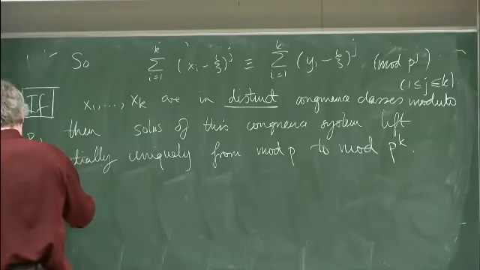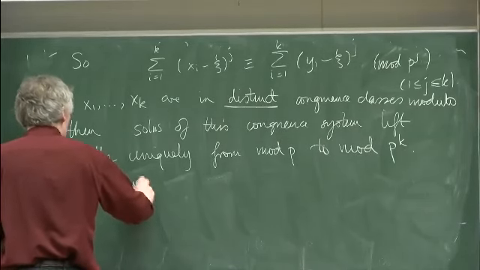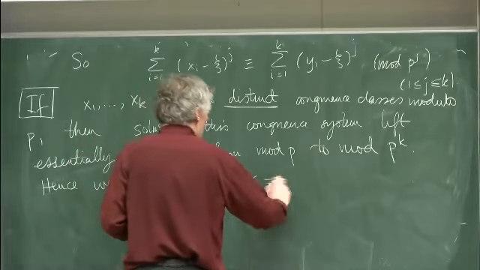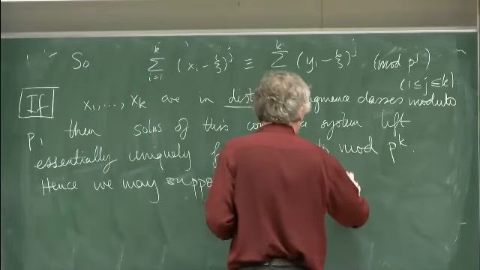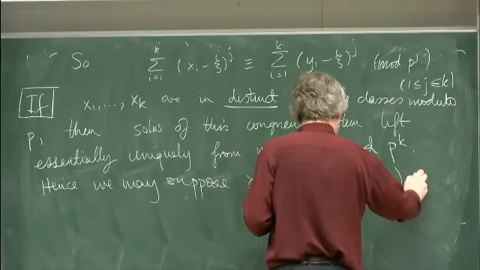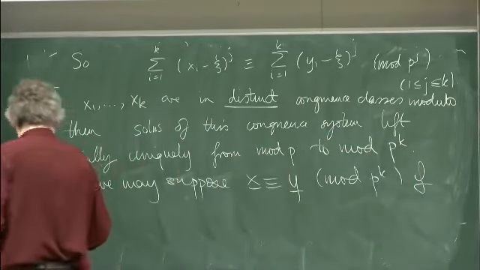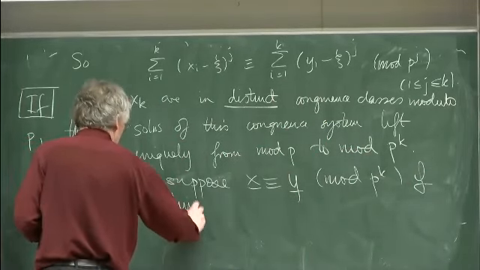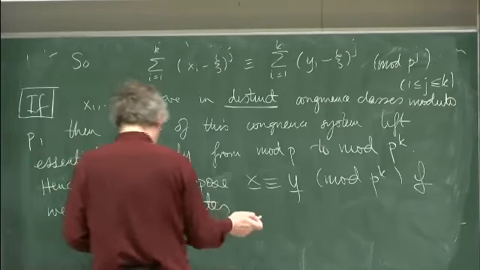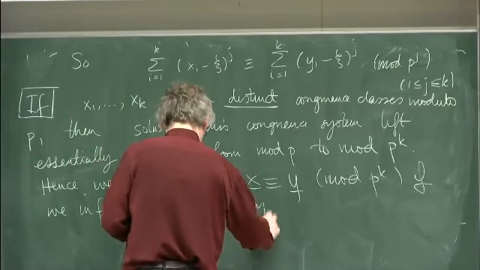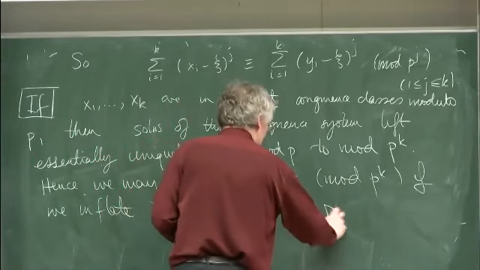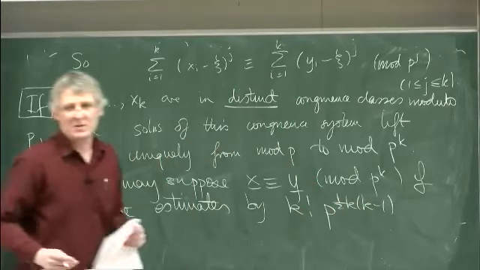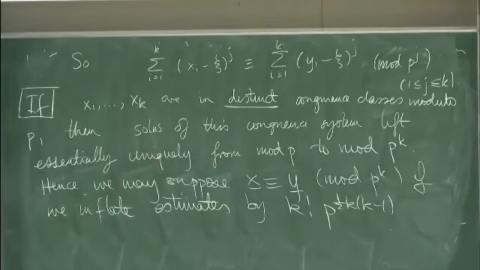So hence, we may suppose that x is congruent to y as vectors modulo p to the k if we inflate our estimates. Well, there's a compensating factor which I can explain. So the compensating factor is k factorial p to the half k times (k minus 1). So let me say a few words about that.